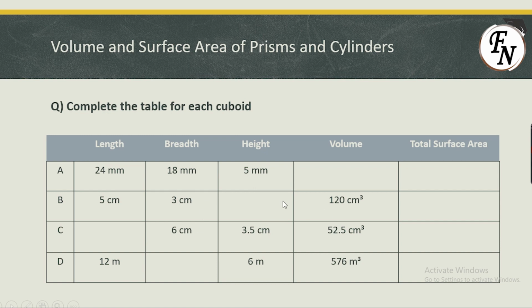Then we substitute length, breadth and height, everything, to get the total surface area. So we will be going through these questions and filling these missing boxes. Let's begin with part A.